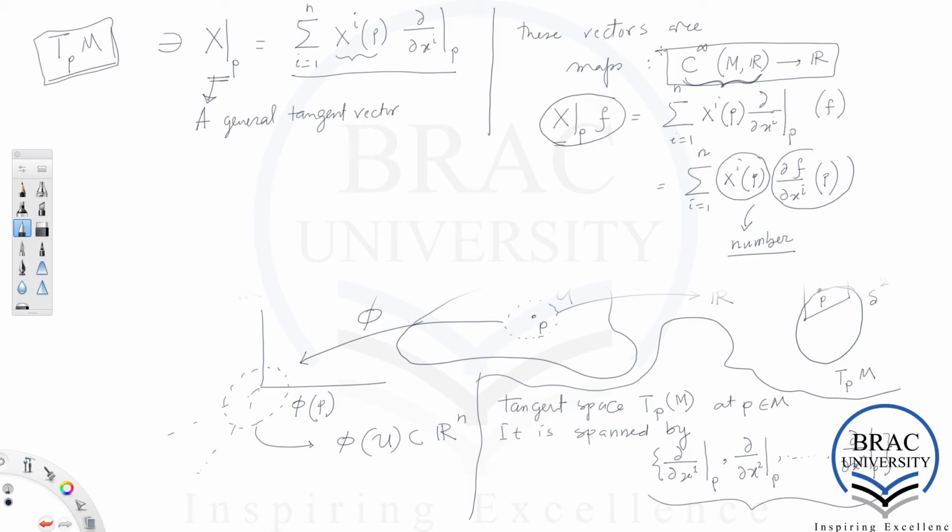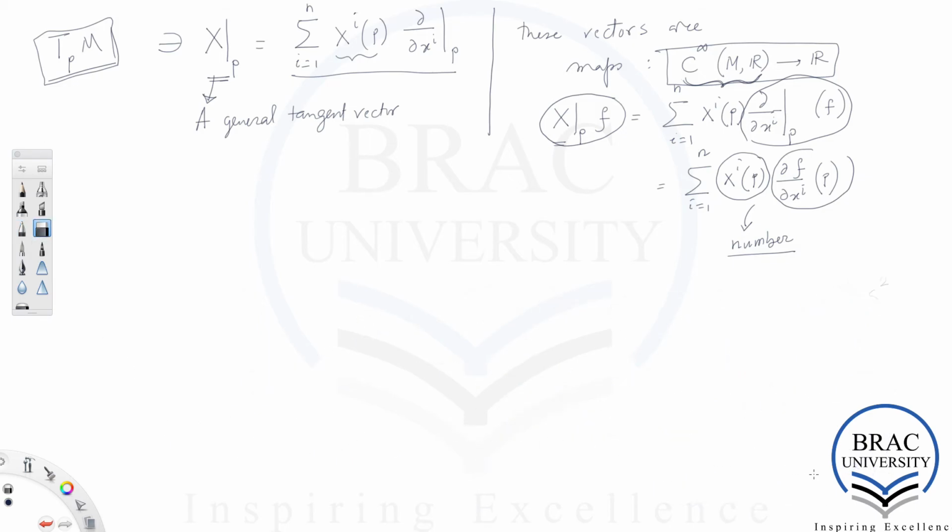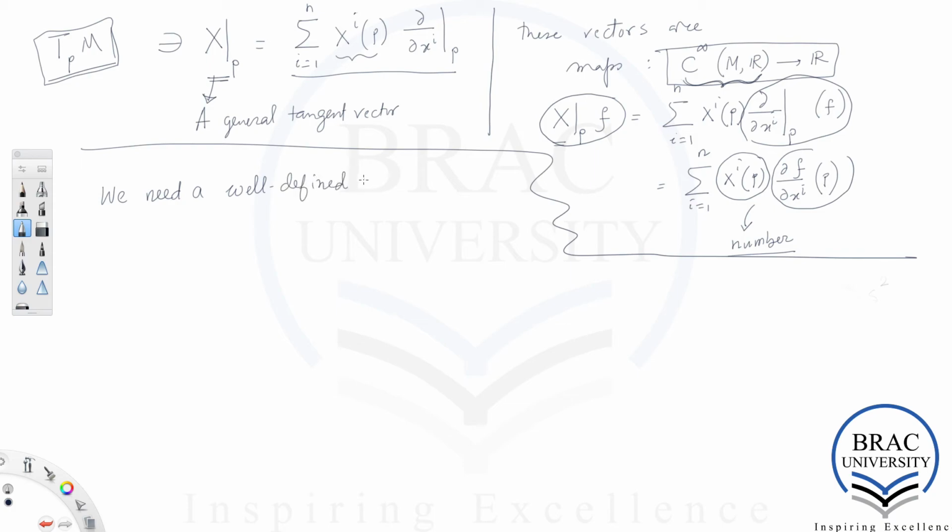Good. So now we need a well-defined notion of this guy, right? Let me erase this part. So we need a well-defined notion of del over del xi restricted to p acting on f, where f is an element of this space.